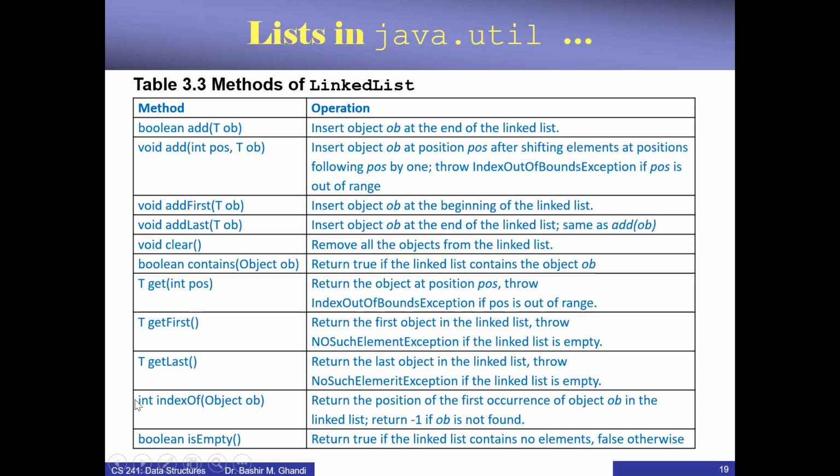Now once you have the index, you can call the get, providing it that index, and then it will return to you the element. In our find method, we combine these two into one. And actually ours is more efficient, because imagine, for example, you have a list of 1,000 nodes and you are trying to get the one at 999 position.